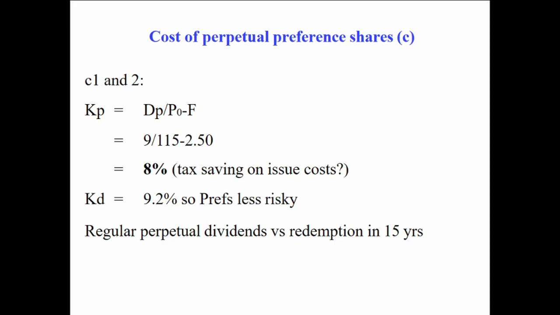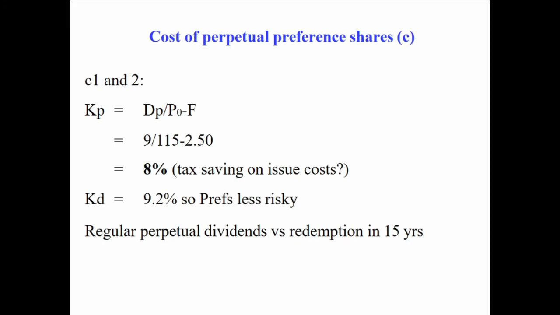Or we could issue debentures which require a return of 9.2%. So if we compare the cost of the preference share to the cost of the debenture, we will see that the cost of the preference share is less. It is only 8%, whereas the cost of the debenture is 9.2%.